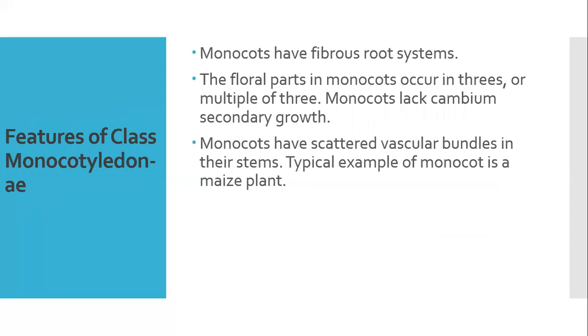Monocots have a fibrous root system. The flower parts in monocots occur in threes or in multiples of three, and monocots lack cambium secondary growth. Also, monocots have scattered vascular bundles in their stems. A typical example of a monocot is the maize plant.